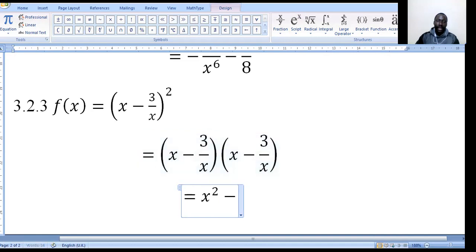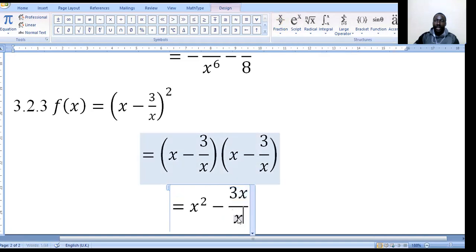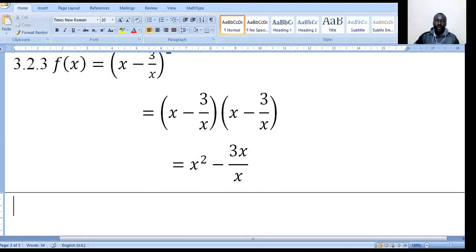What is that going to be? That's going to be 3x divided by x. I'm just taking this slow step so that you guys follow this nicely, because I noticed it was an issue for you. So this is what we have for x times this quantity here.